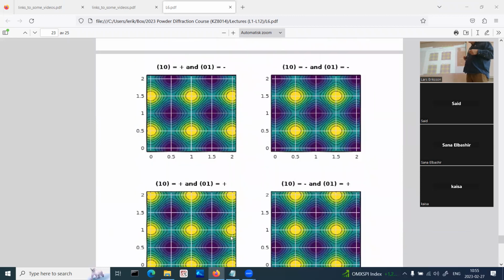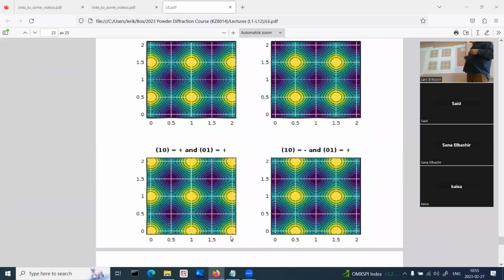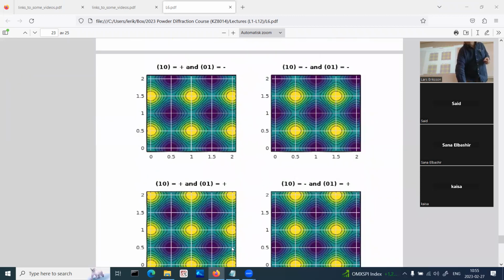We can look at some, there are 4 different equivalent structures, different phases, plus and minus. 1, 0 is plus, that means that the maximum density is at 0 and 1 full unit cell and 2 full unit cells.